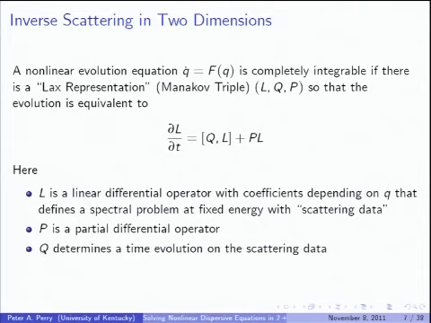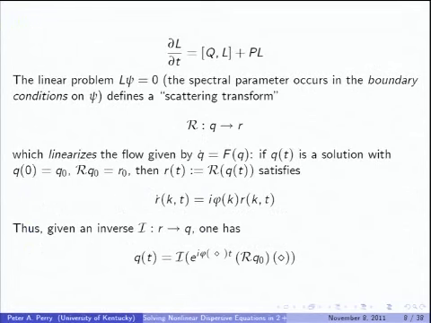Those who are familiar with the Lax representation in 1 dimension will recognize that this is, in a sense, a kind of weaker version of the Lax pairs. And the operator Q determines a time evolution on the scattering data. So this equation is supposed to be equivalent to the evolution equation one's trying to solve. L defines the scattering transform. Q tells you how the scattering data must change with time in order to solve the dispersive nonlinear equation.